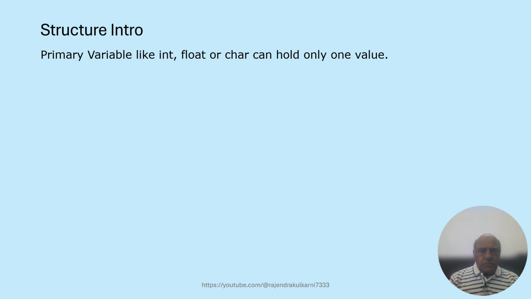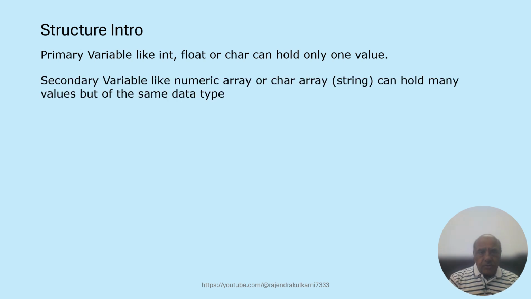We have up till now used primary variables like int, float or char data type. All these variables can hold only one value. For holding many values under one name, there are secondary variables, mainly numeric arrays and strings.